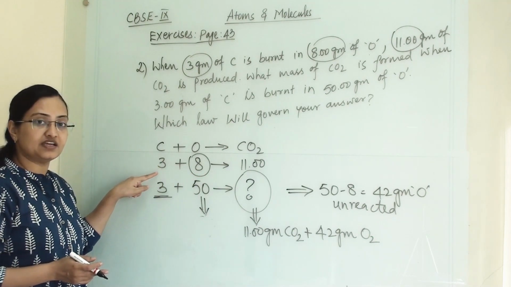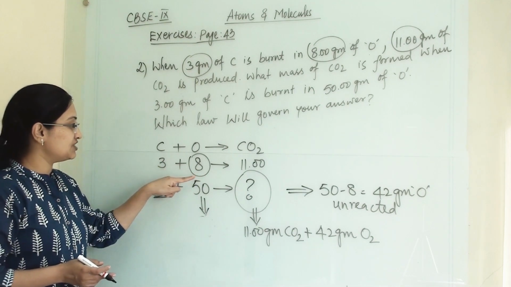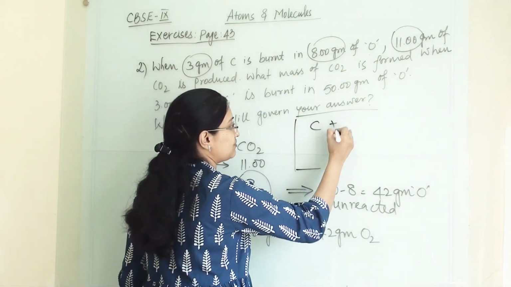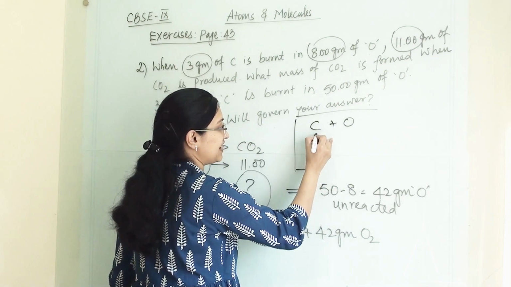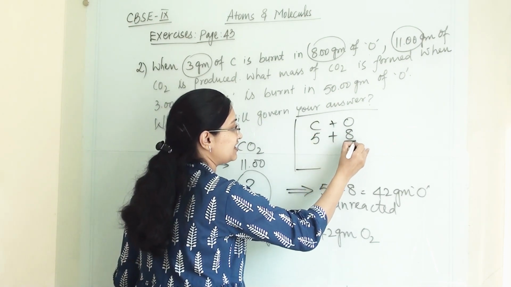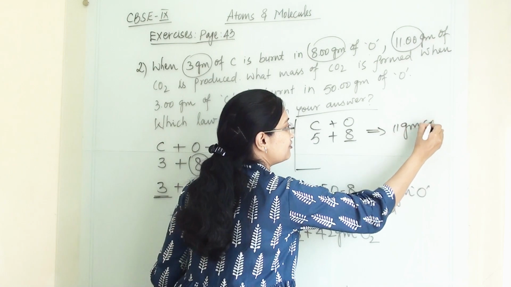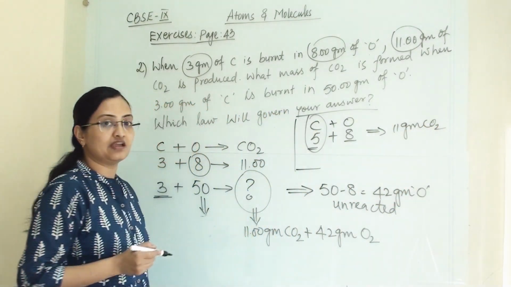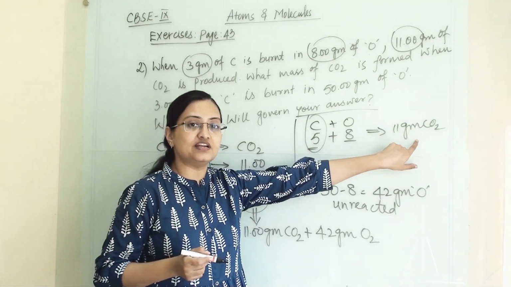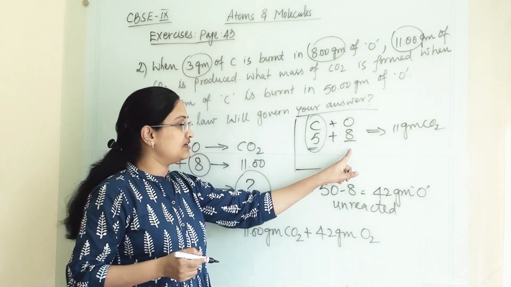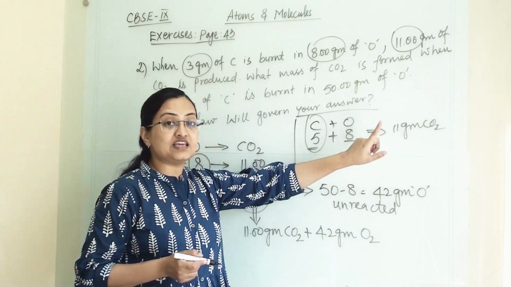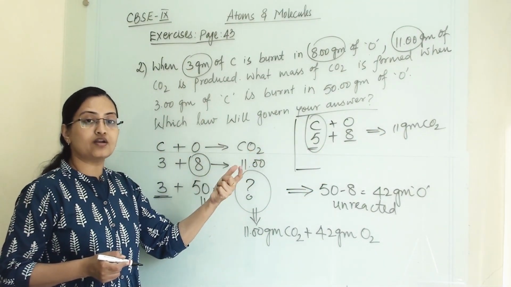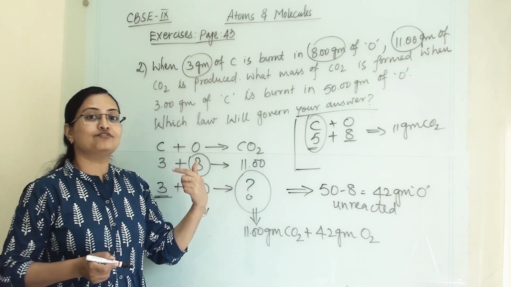If we take more carbon, for example 5 gram of carbon, but only 8 gram of oxygen, then we will still get the same amount of carbon dioxide, because if you take only one element in excess, that doesn't mean your yield will be high. Your yield will be equal to the composition of the molecule or the molecular formula.